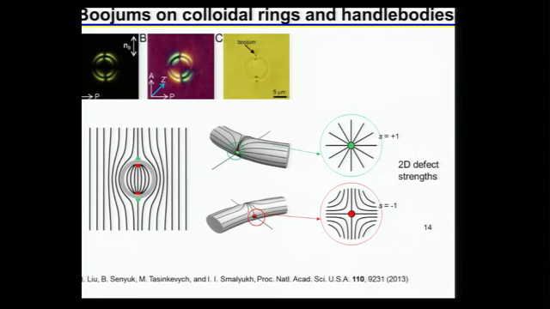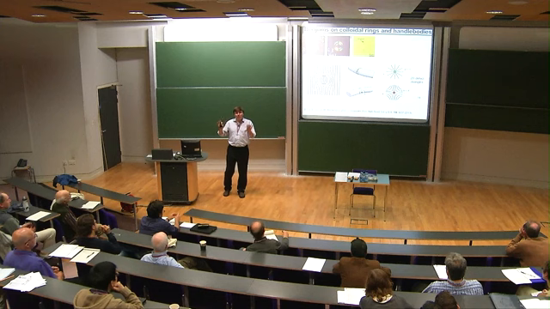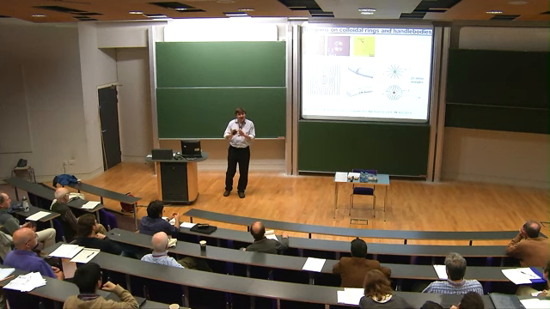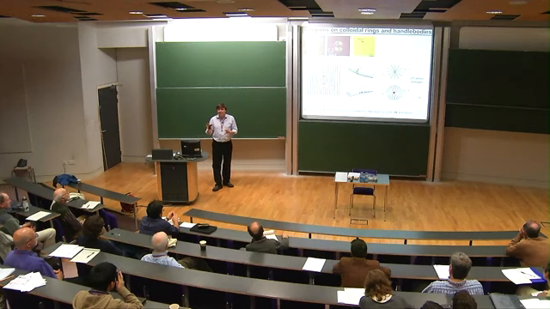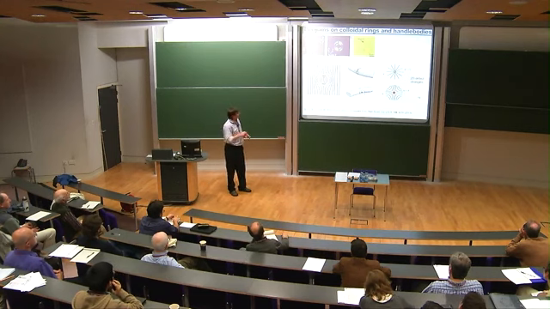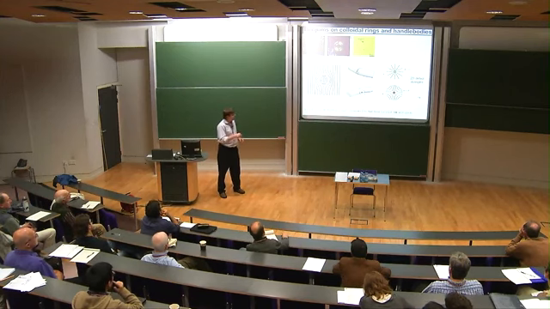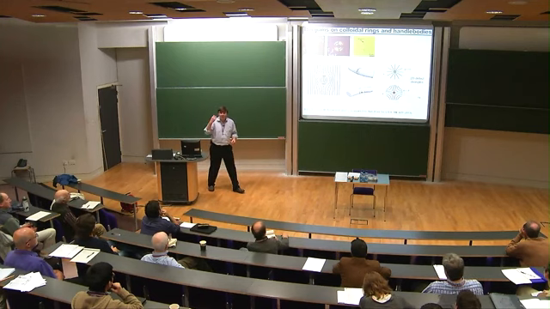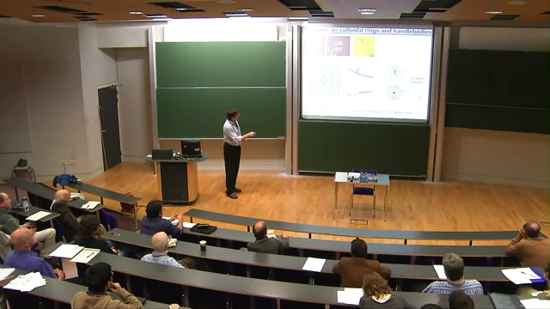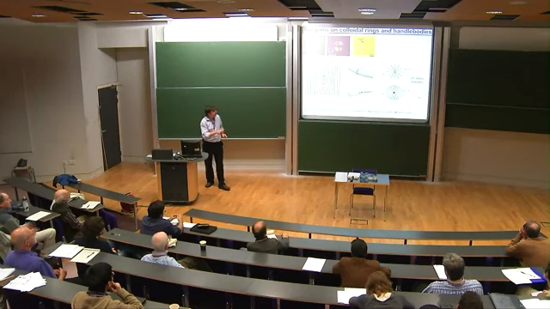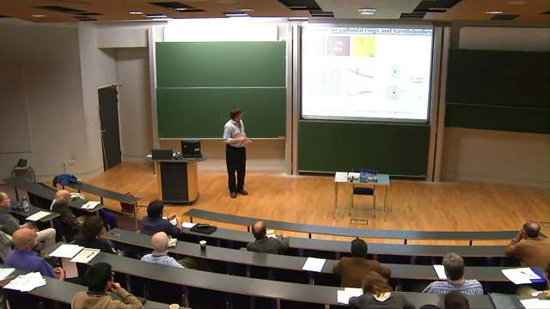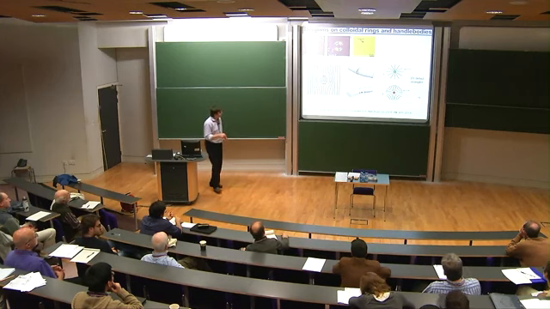So we can characterize boojums in many different ways. One is in terms of two-dimensional director field that we have at the interface of colloidal particle and liquid crystal. And so in terms of that two-dimensional field, we can introduce strengths of two-dimensional defects, right? Just like Gareth did yesterday. And so we will see that there are defects in this two-dimensional field of both plus and minus strengths, plus and minus 1.